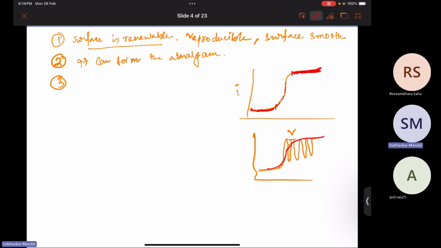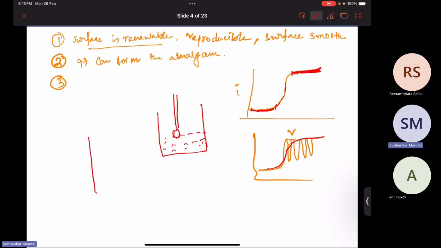So basically you have an electrolyte in a container, and your dropping mercury electrode is forming here and touching like this. So your connection is forming and you are getting the current.